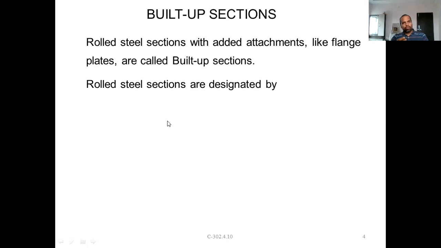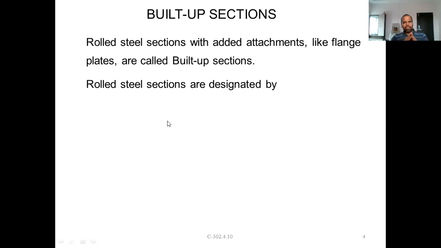So tubular sections as well as solid circular sections, solid square sections. These are some of the rolled steel sections. I have mentioned only a few of them; there may be some more. So these are called rolled steel sections, rolled into standard sizes and shapes. That's why I call them rolled steel sections.